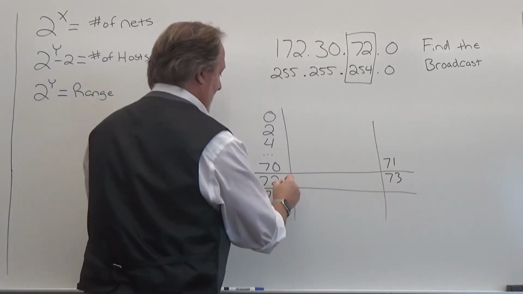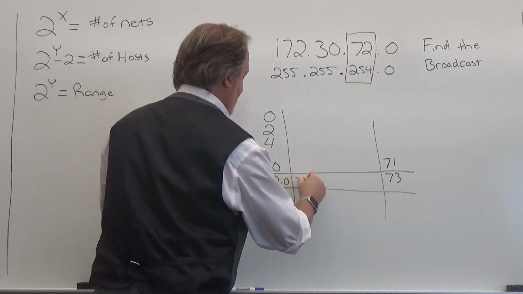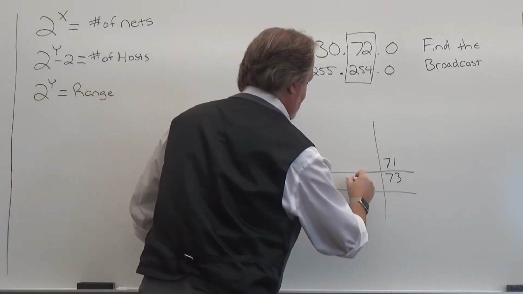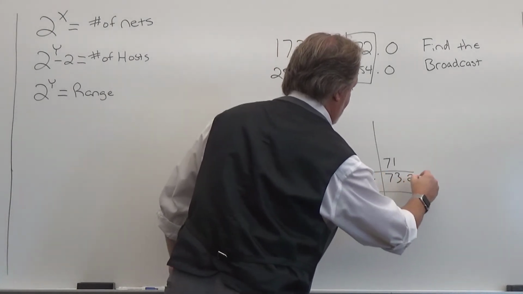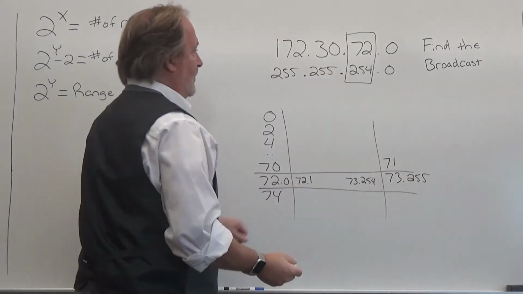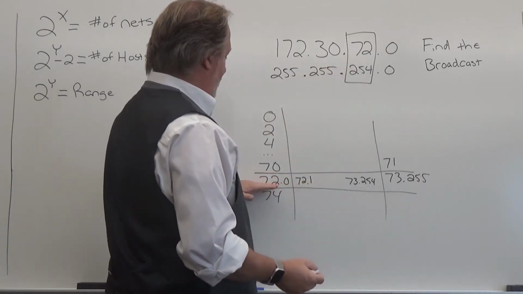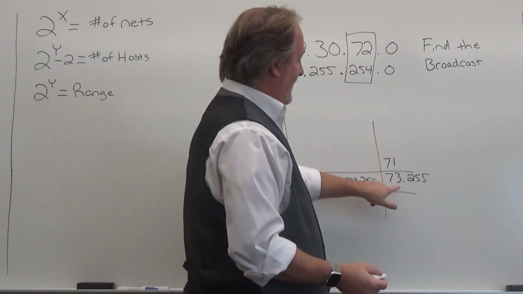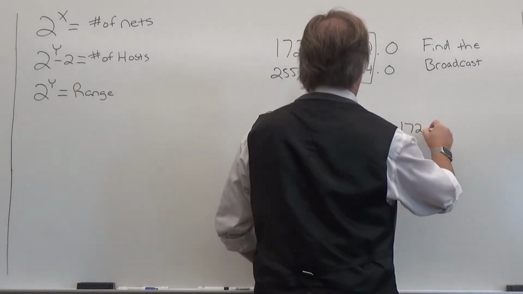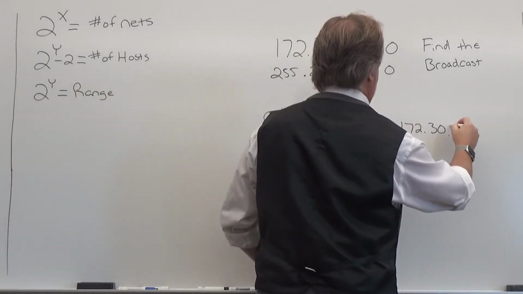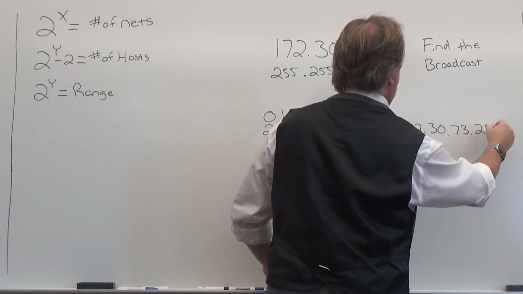So remember, then we add a .0, and then 72.1, and then 73.254, and then .255. So 72 falls in this range. So the broadcast would be 73.255, or 172.30.73.255.